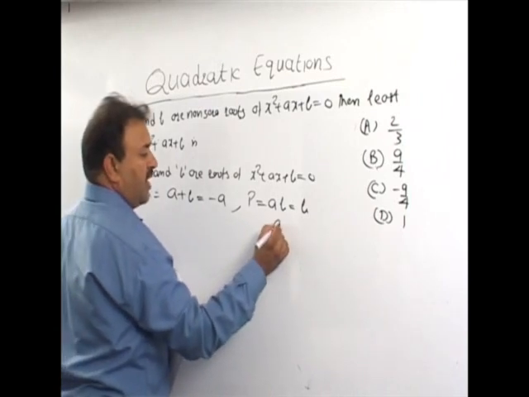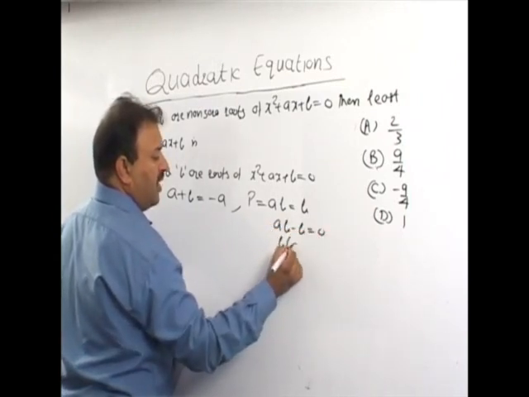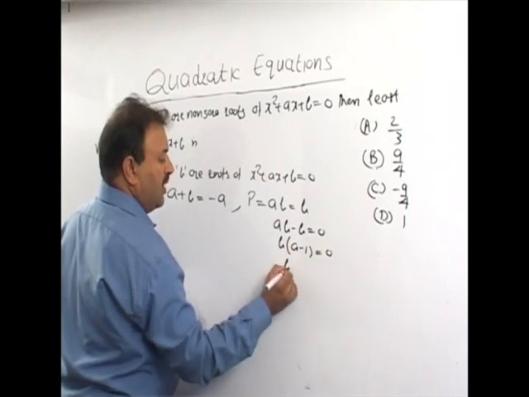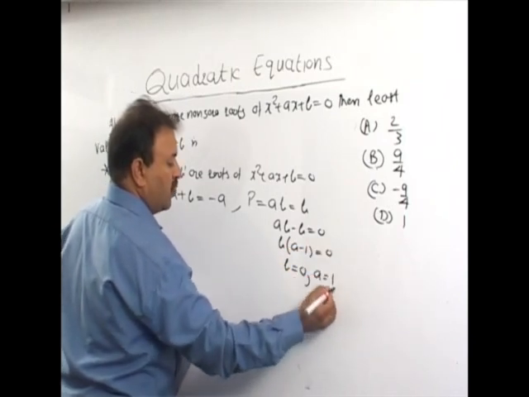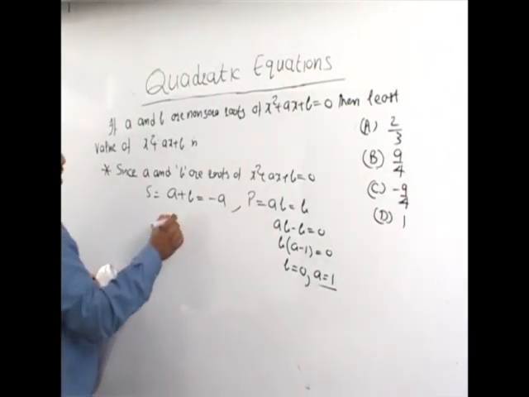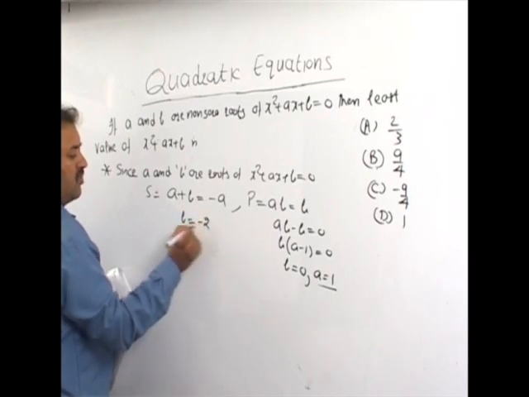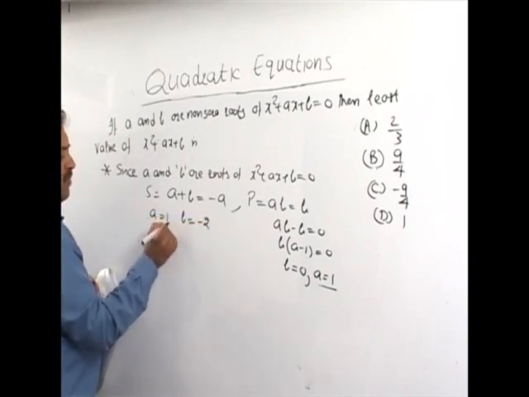From here we take ab minus b is equal to 0, b common, b(a minus 1) is equal to 0, b is equal to 0 or a is equal to 1. We take a is equal to 1, then b is equal to minus 2. So, a is equal to 1, b is equal to minus 2.